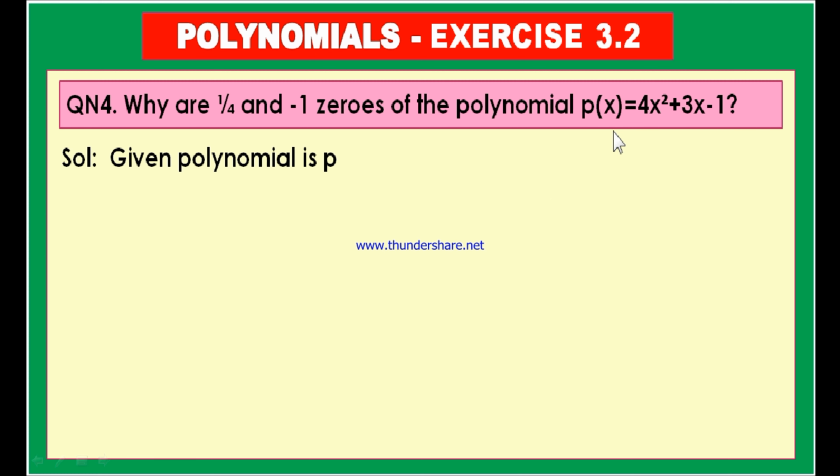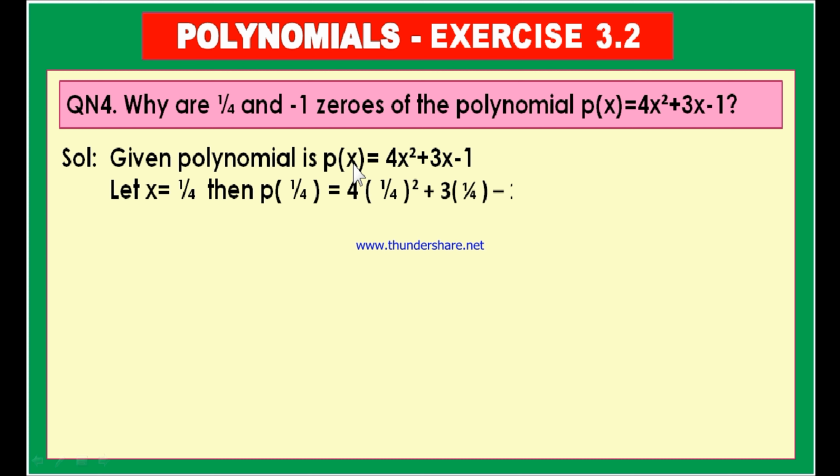We are given that p of x is equal to 4x square plus 3x minus 1. Let us consider x is equal to 1 by 4. If x is equal to 1 by 4, then p of 1 by 4 is equal to 4 into 1 by 4 whole square, plus 3 into 1 by 4 and minus 1. Now let us simplify this.